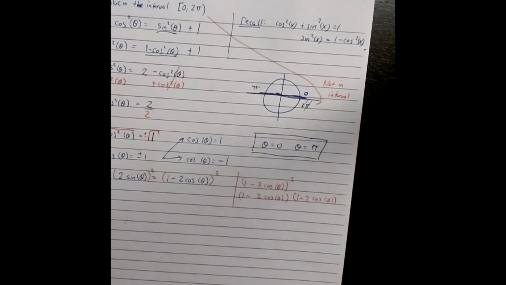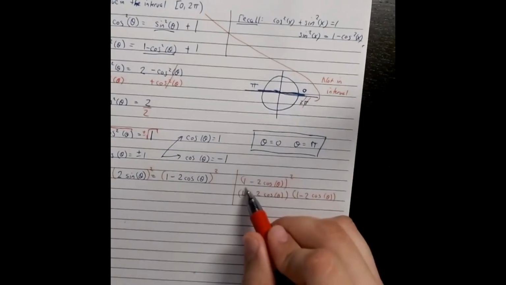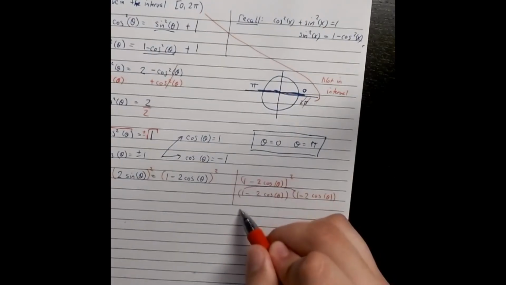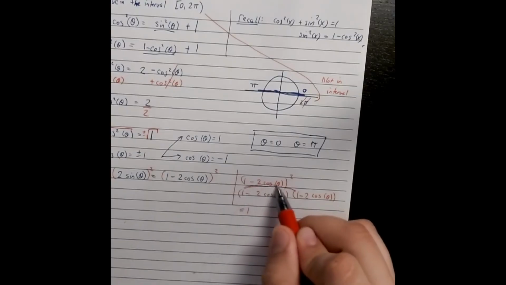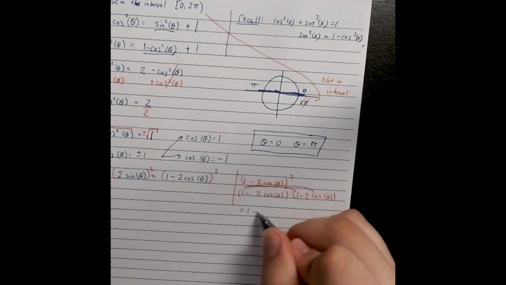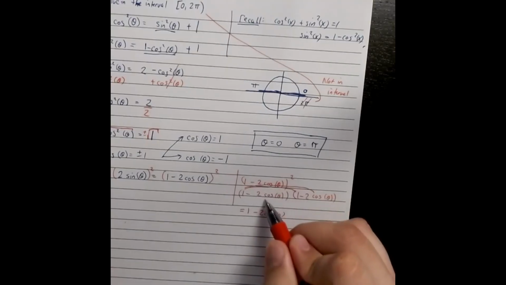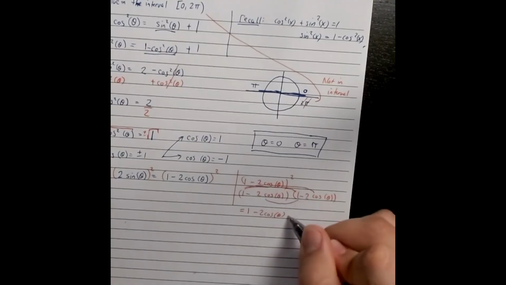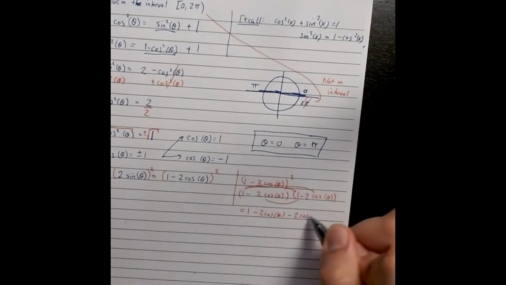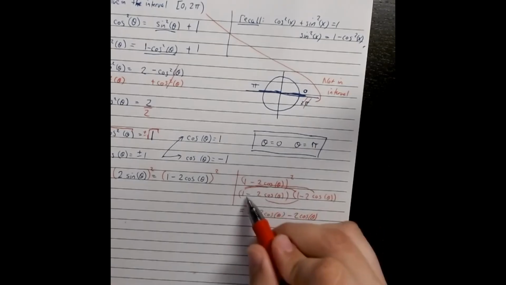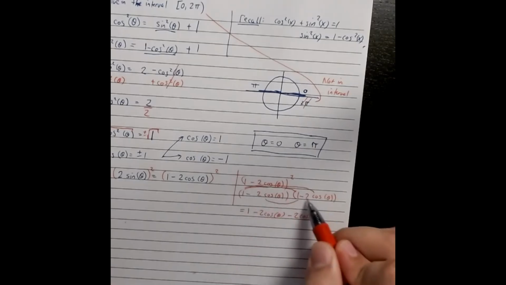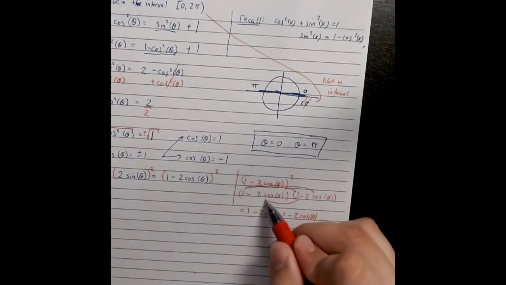And when you multiply something like this, you're going to distribute. 1 times 1 makes 1. 1 times minus 2 cosine of theta is minus 2 cosine of theta. Another minus 2 cosine of theta times 1 is another minus 2 cosine of theta. And negative 2 cosine of theta times another negative 2 cosine of theta.